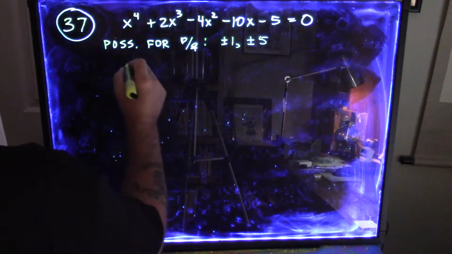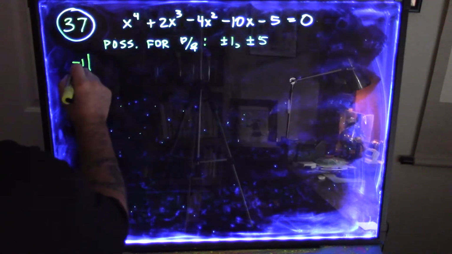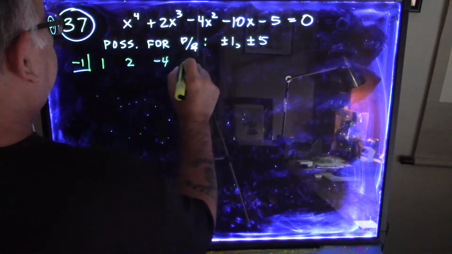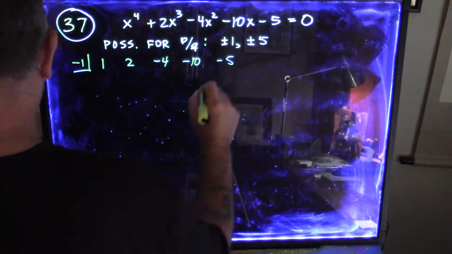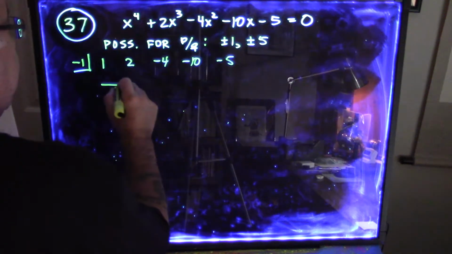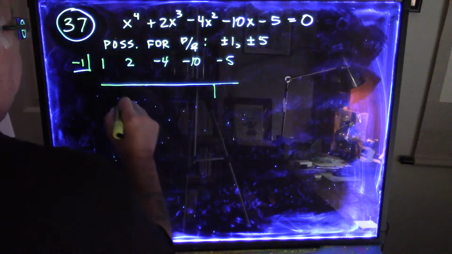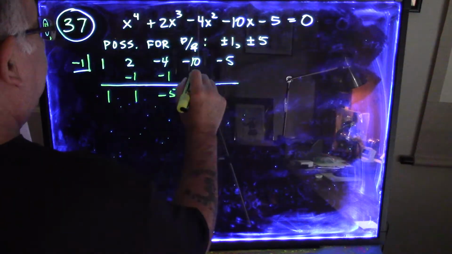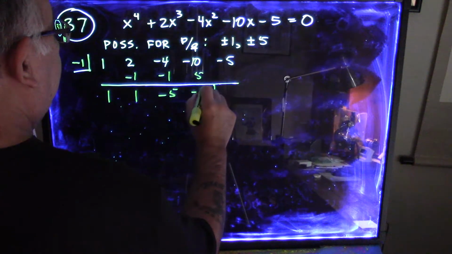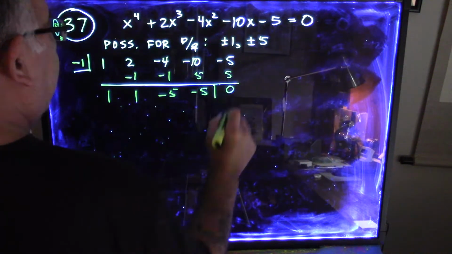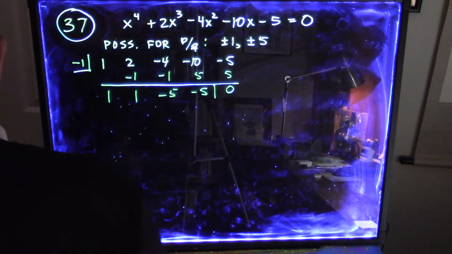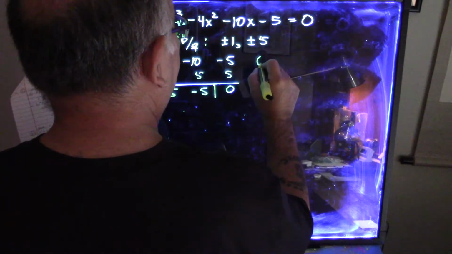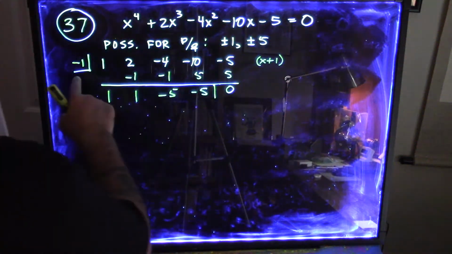So it turns out that negative 1 is what we're looking for. And so this polynomial is equal to x plus 1, or x minus a negative 1, x plus 1.